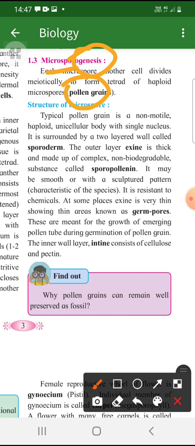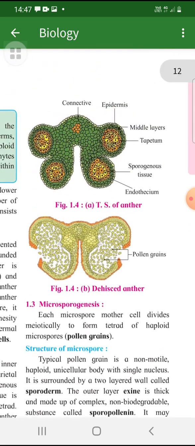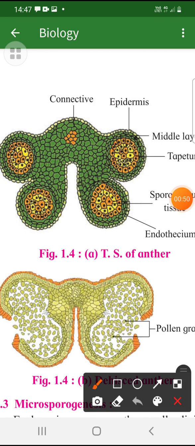Now, when you have already learned the structure of anther, inside the anther, the diagram of TS, let's just go back to that previous diagram. Here, you can see the first layer, that was the epidermis.